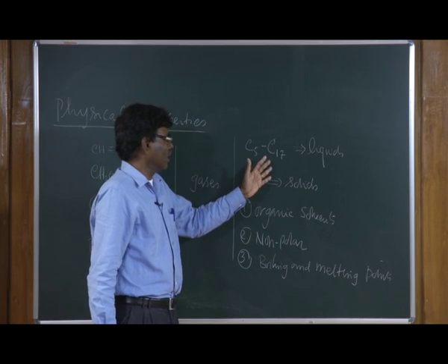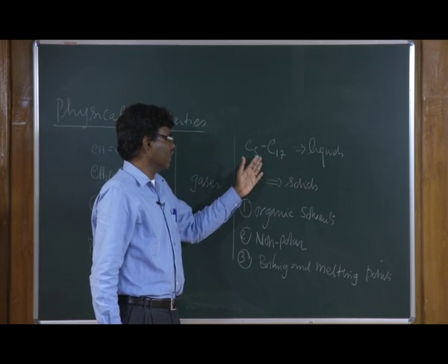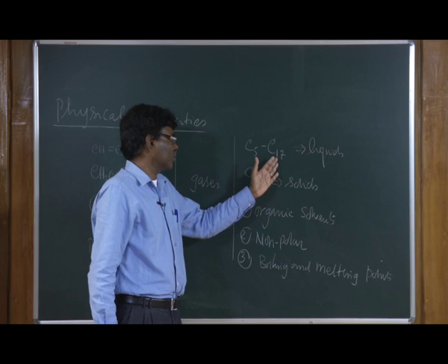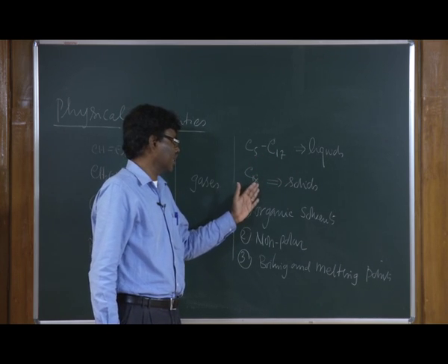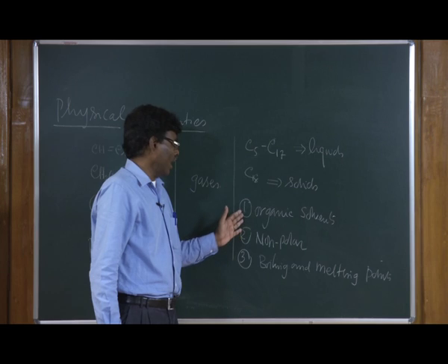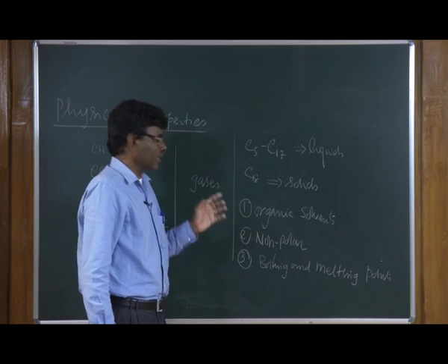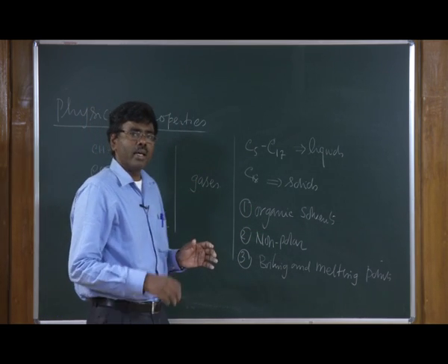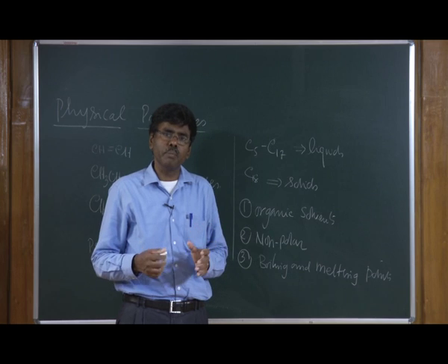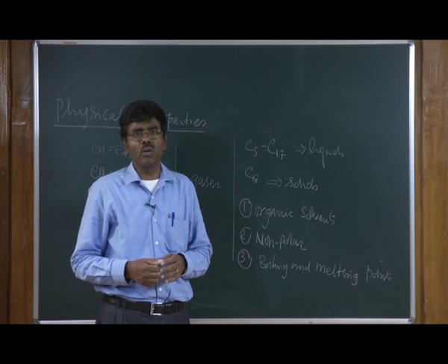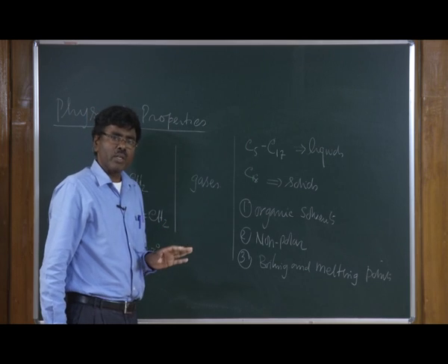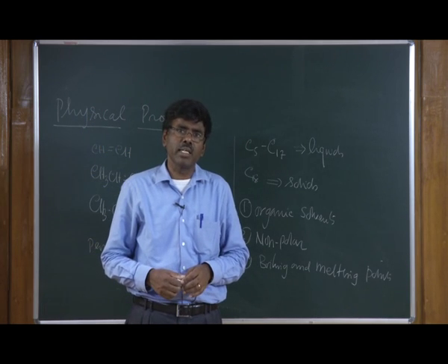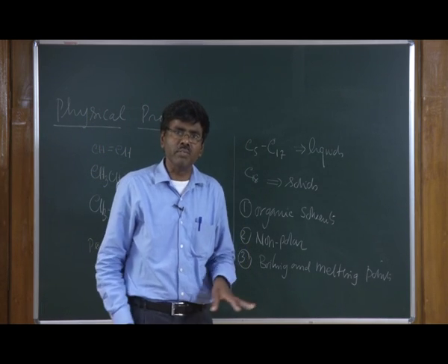The next 14 members, alkenes that contain C5 to C17, are usually liquids, and alkenes that contain more than C18 carbon atoms are solids. They are nonpolar compounds, well soluble in organic solvents. The boiling point and melting point increase with increase of molecular weight. In the next class we will study the chemical properties of the alkenes. With this I conclude.